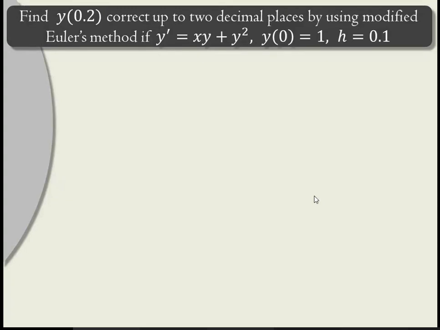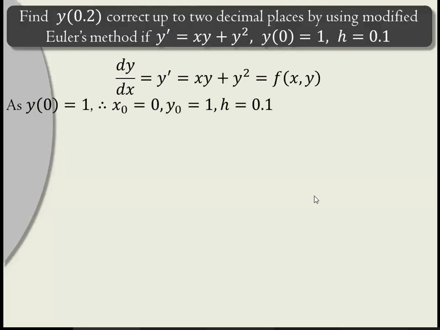Then we are given y of 0 equal to 1. So we are given the values of x naught and y naught. h is also given in the problem, so we can make use of that. So f of xy will be xy plus y square. x naught is 0 and y naught is 1.